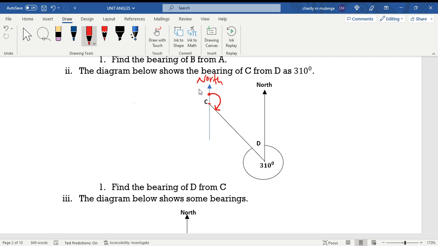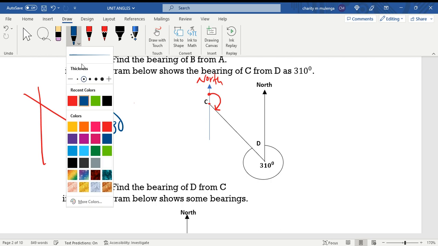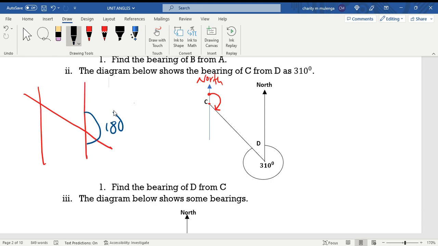Excellent. Now, the question is, how do you find this angle? Let's use two methods. Let's start with alternate angles. Now, let me show you something. This angle here is 180. Then this angle from there to there is the same as that angle there. So these angles are always equivalent.